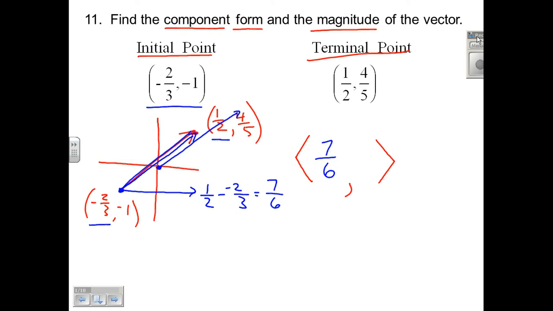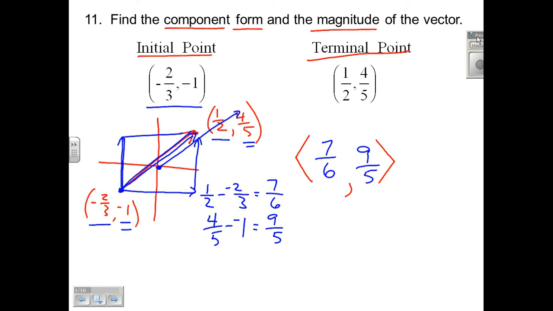Likewise, I've gone up to get from here to here, or look at it this way if you like. How far have we gone up? We can quickly see, if I take the 4/5 and subtract the 1, I had to go up 1 and then I had to go up another 4/5. So if I take my terminal point y value, 4/5, subtract my initial point y value, I get 4/5 plus 5/5, I get 9/5.